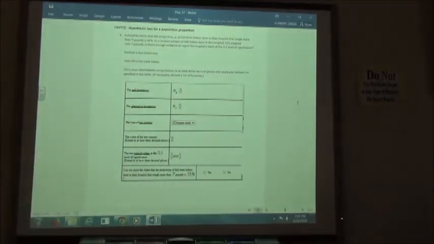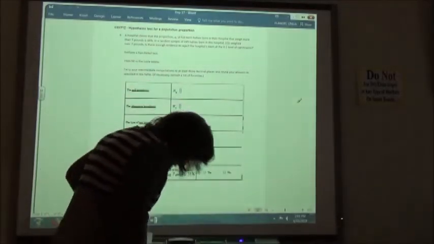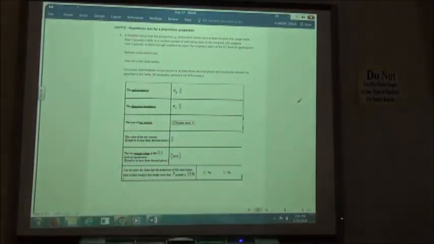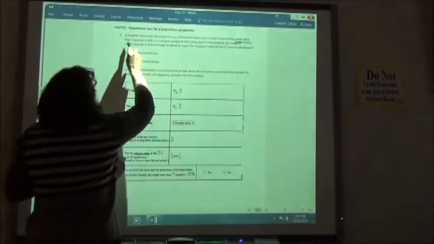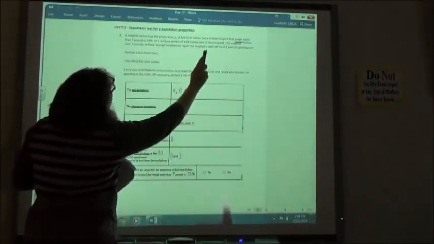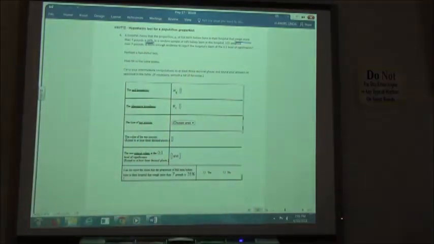So, their claim is that the proportion of babies in the hospital that weigh more than 7 pounds is 35%. Right? That's the percent or the proportion.